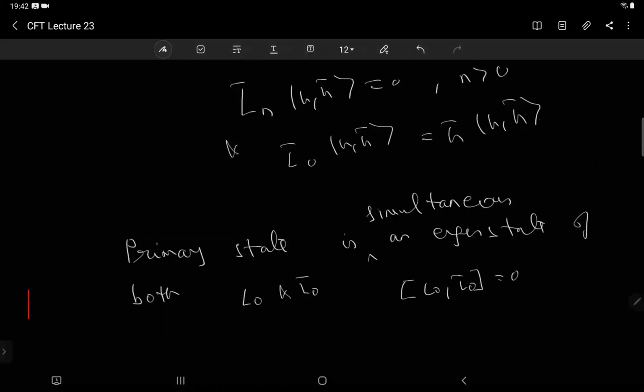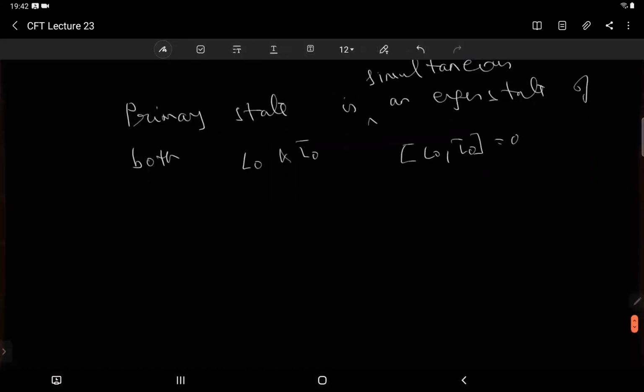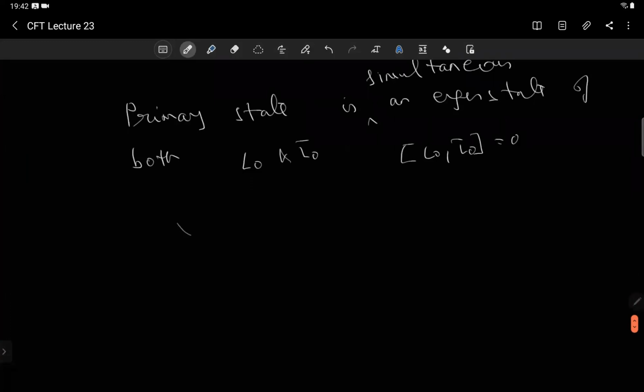So it's an eigenstate of L0 and L0 bar with eigenvalues H and H bar respectively.